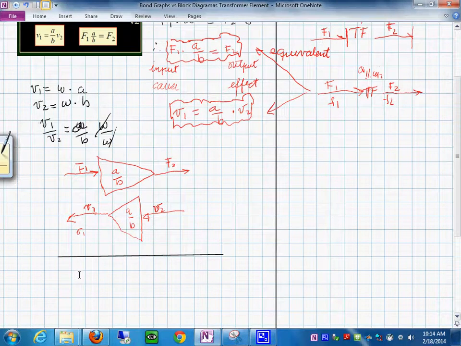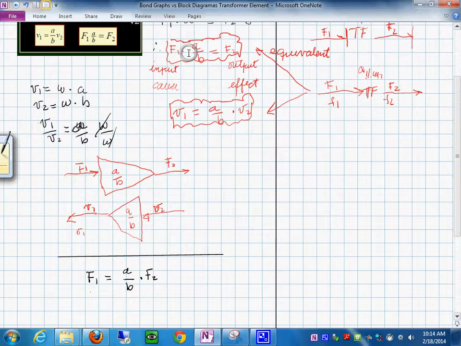How about if you say that F1 is equal to, okay, this is saying that F1 is equal to A over B times F sub 2, right?